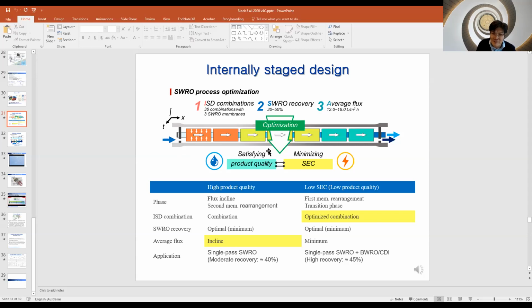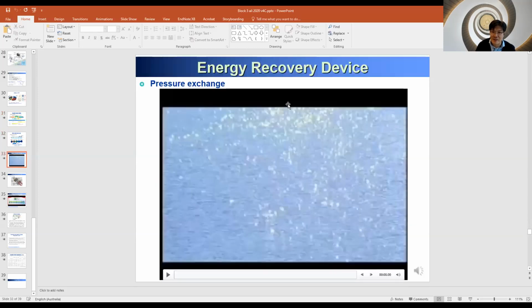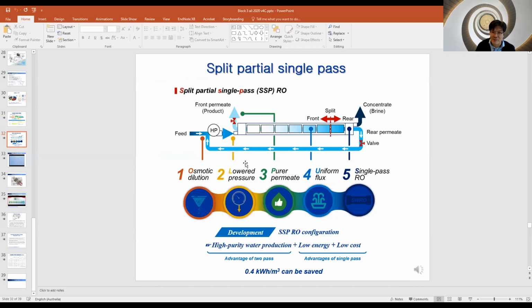This is a concept, so I recommend just understanding the overall concept of the WAVE software design, rather than implementing ISD and then the SPSP process in your software, because this will give a lot of design warnings for you. Okay.